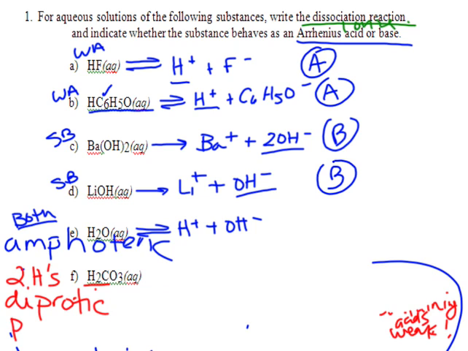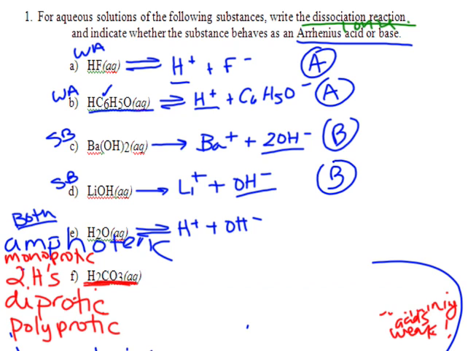Sometimes people say polyprotic, meaning more than one. What would a 1H acid be called? Monoprotic. The reason we don't care in bases is because bases ionize just like normal salts do.